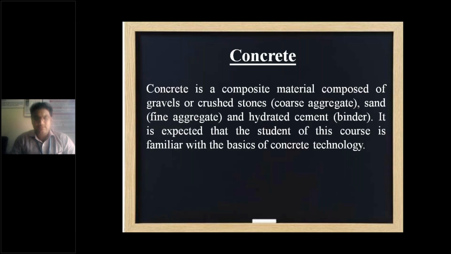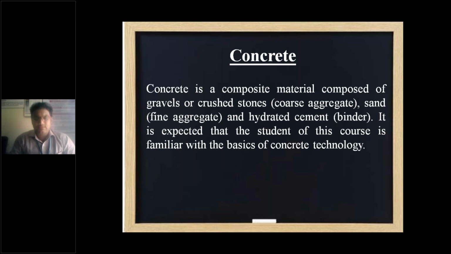The first one is concrete. Concrete is a major composite material, where we are inducing compression stresses into the concrete. That's how we induce pre-stressing, because that is one of the important elements where we are doing this pre-stressing.